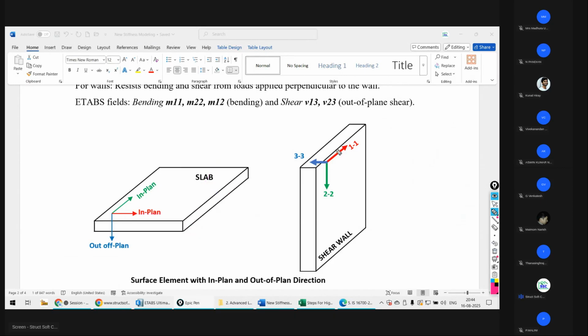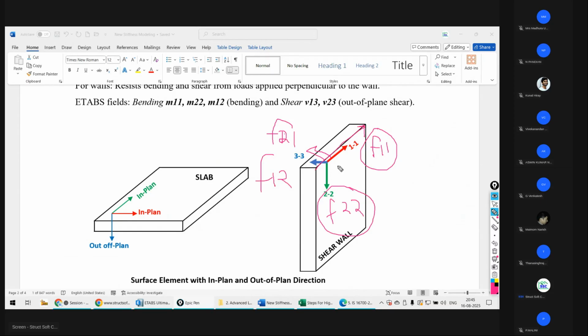Okay, so for the shear wall, it is the in plane shear force and axial force F11, in this direction F22, this is the stiffness direction which we have to consider. And out of plane stiffness, that is F21, or F12 you can consider it.